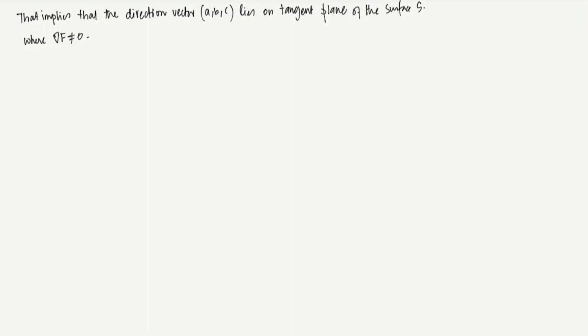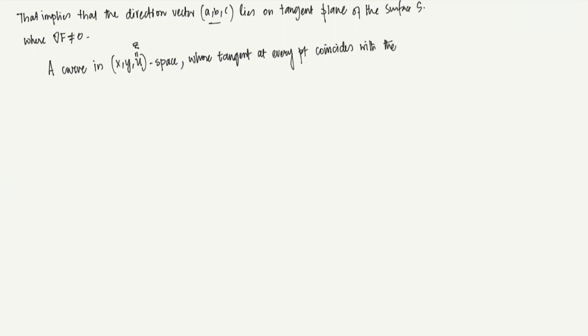So how do we put all of this together? A curve in x, y and u space, which is z basically, whose tangent at every point coincides with the direction field ABC.